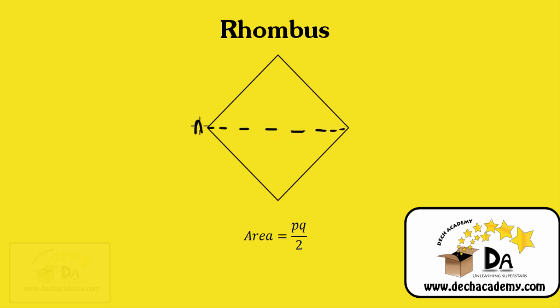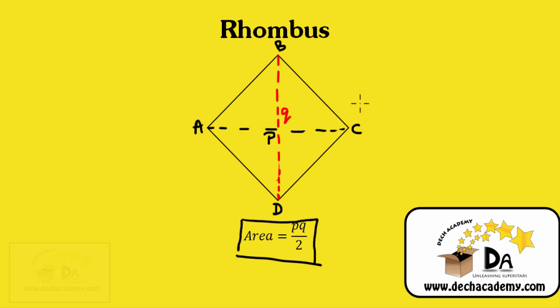I'll label the vertices A, B, C, and D. So if the diagonal AC has a length of P and the diagonal BD, which I'm going to show in red, has a length equal to Q. So the length of this vertical diagonal is Q. The area of the rhombus is given by this equation: area is equal to P times Q, the product of the lengths of the diagonals, divided by 2. So simple as this, and that's something you can easily remember.